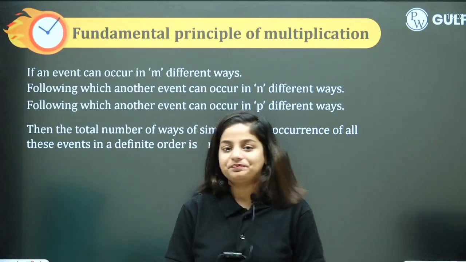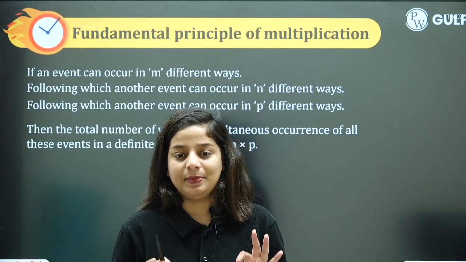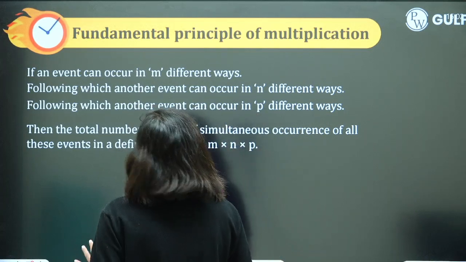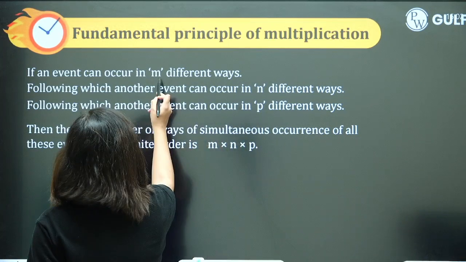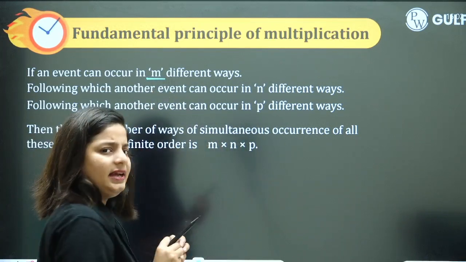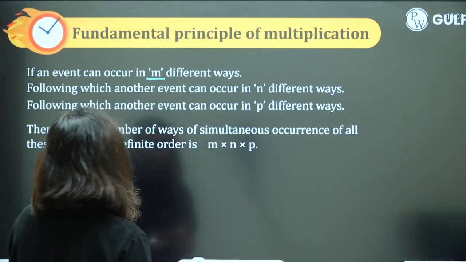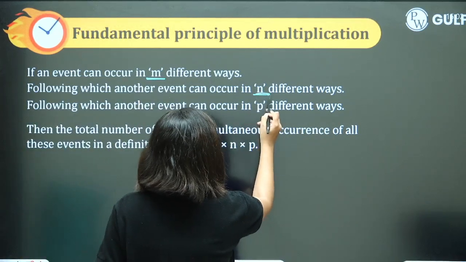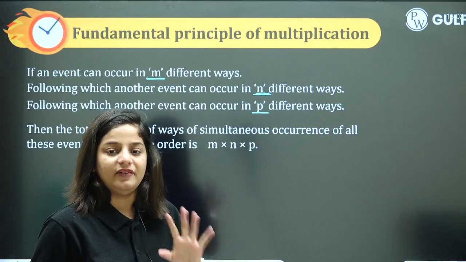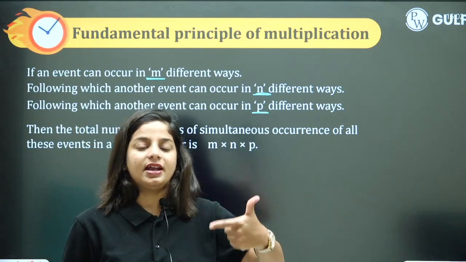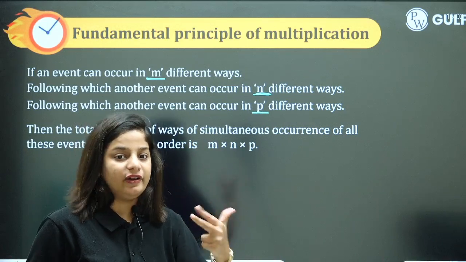Let's begin. The fundamental principle of counting. Suppose any event can occur in m different ways, following which another event occurs in n different ways, and furthermore a third event in p ways. First event m ways, second event n ways, third event p ways.